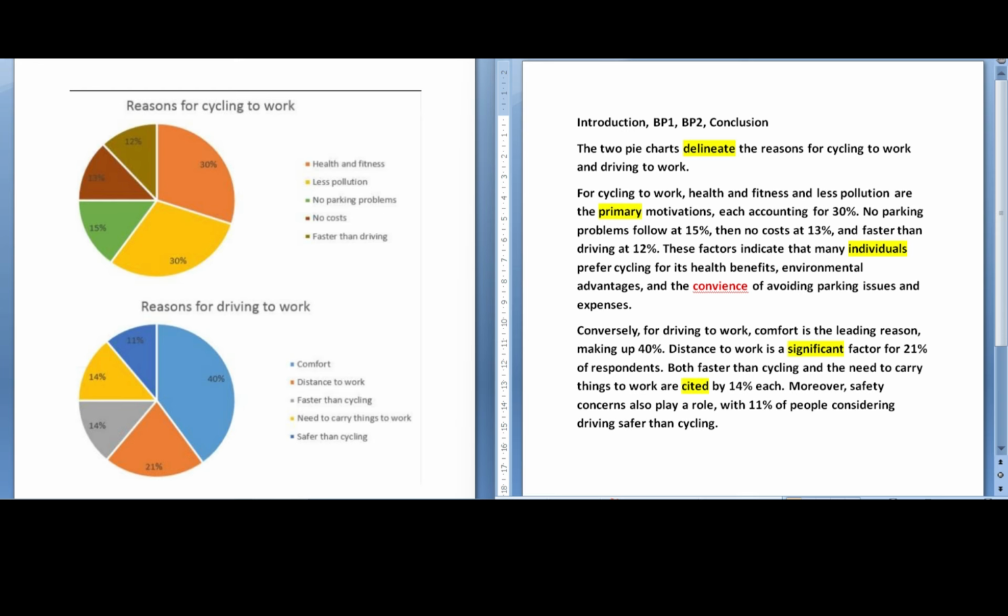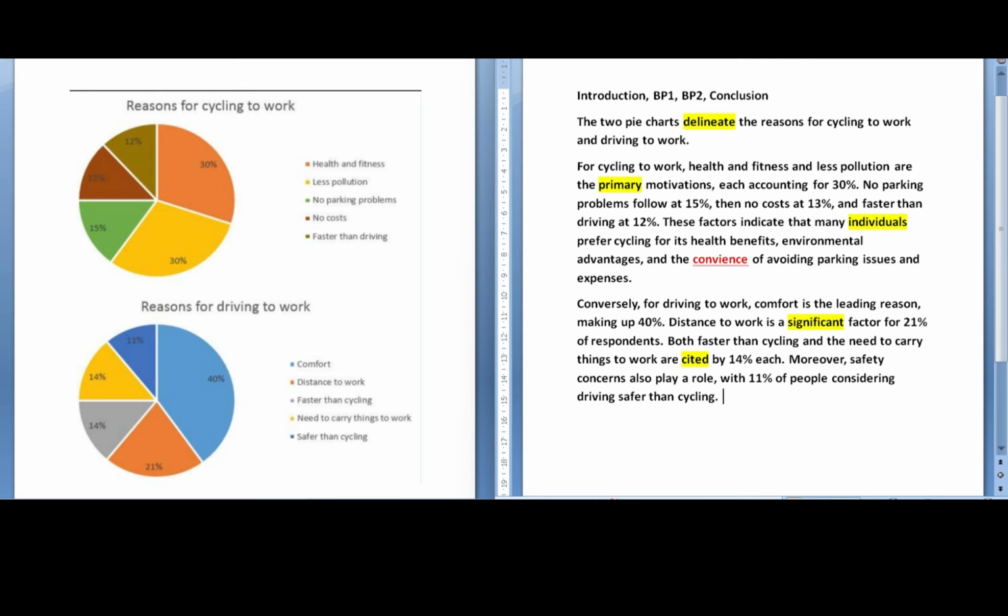All good. Same thing I have used here in the first three lines. I have explained the terms used in the pie graph: comfort, distance to work. After that, remember one thing, we have five terms. Same in the case of the first pie graph as well. So you just have to write it down precisely.